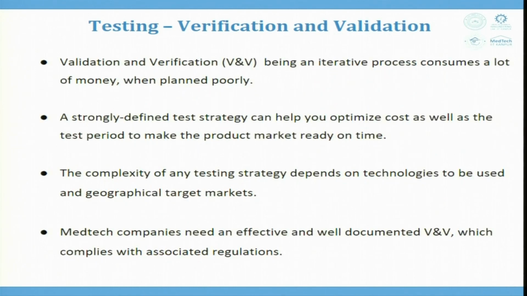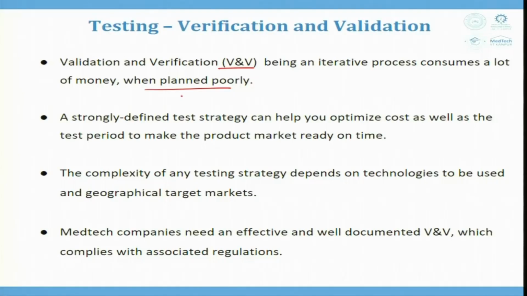Both V and V, that is verification and validation, being an iterative process, consume a lot of money when planned poorly. So, that is why pre-planning is important, and initially it is better to have a pilot run or maybe a simulation in the beginning. It is better to fail a simulation than to fail an actual product. Though the investment in the simulation would be a little high in the beginning, when it is planned poorly a lot of money is consumed.